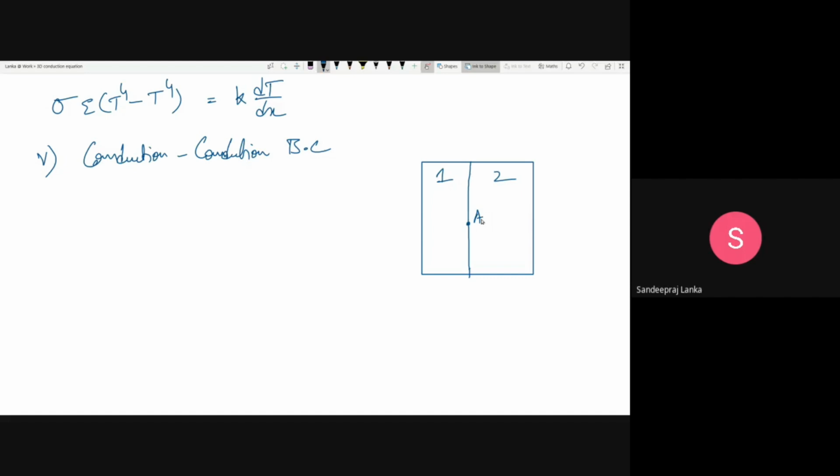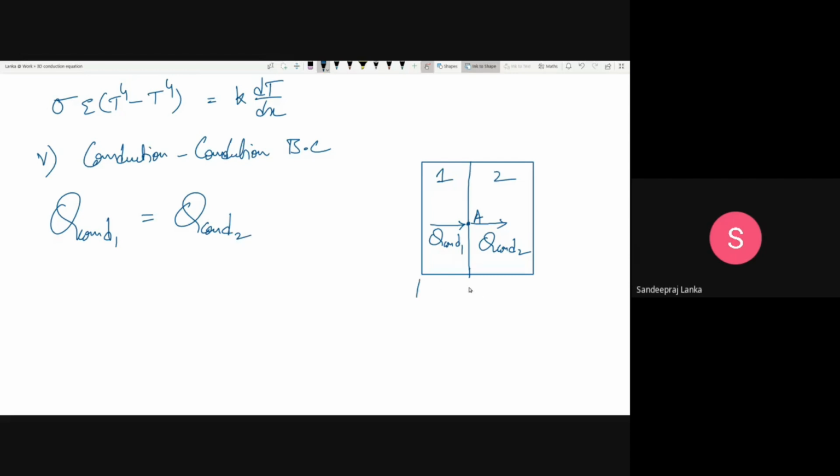Let me call this surface A. And at this surface, whatever the conduction that is going in, Q conduction that is entering here, and then Q conduction that is coming out here, that is Q conduction 2. What this boundary condition is saying is Q conduction 1 will be equal to Q conduction 2.